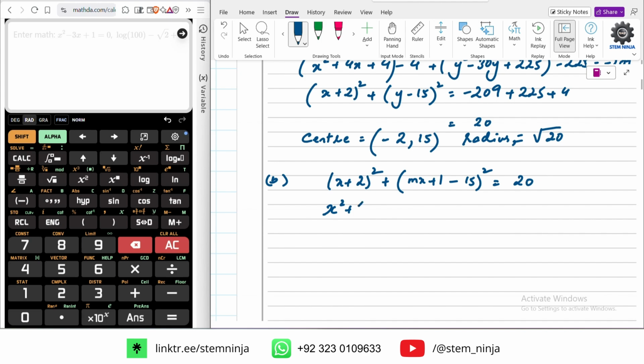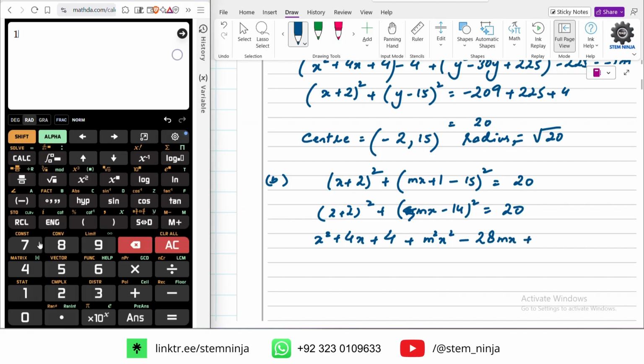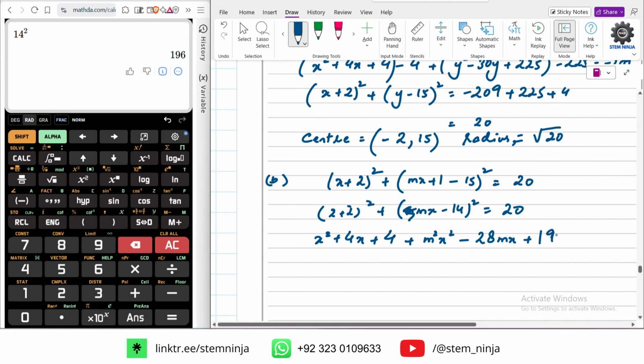This becomes (x + 2) squared plus (mx - 14) squared equals 20. So x squared plus 4x plus 4 plus m squared x squared minus 28mx plus 14 squared, which is 196, equals 20. Let's simplify.